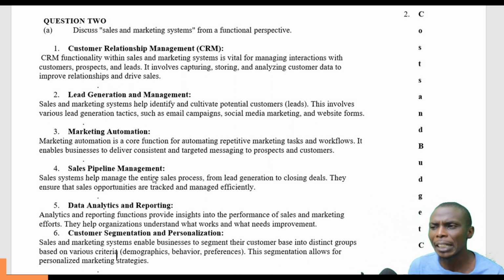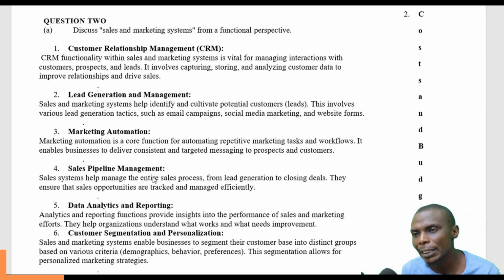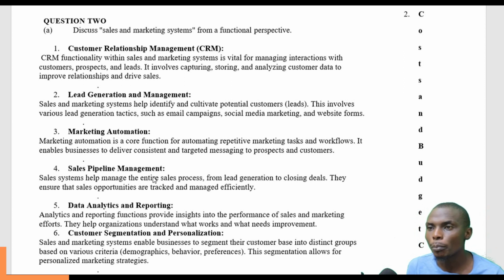It involves capturing, storing and analyzing customer data. This data will be used to improve the relationship and drive sales, the relationship between the organization and the customers.